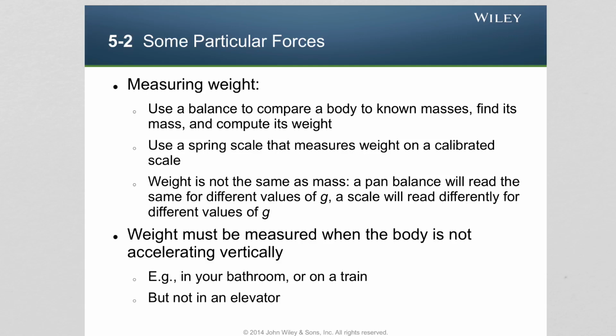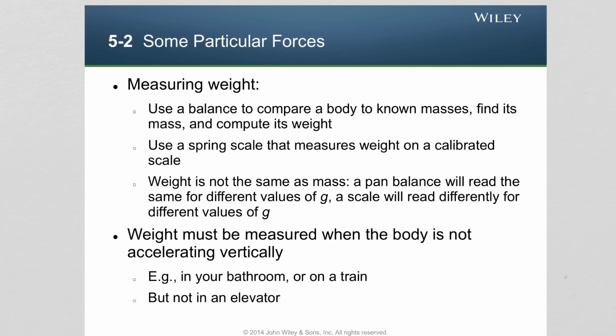So, if you measure the weight of an object in a reference frame that is accelerating vertically, you're not going to get the correct measurement for that weight. Keep in mind that if the reference frame is accelerating horizontally, you can measure the weight accurately. But, again, if the reference frame is accelerating vertically, you cannot measure the weight accurately.